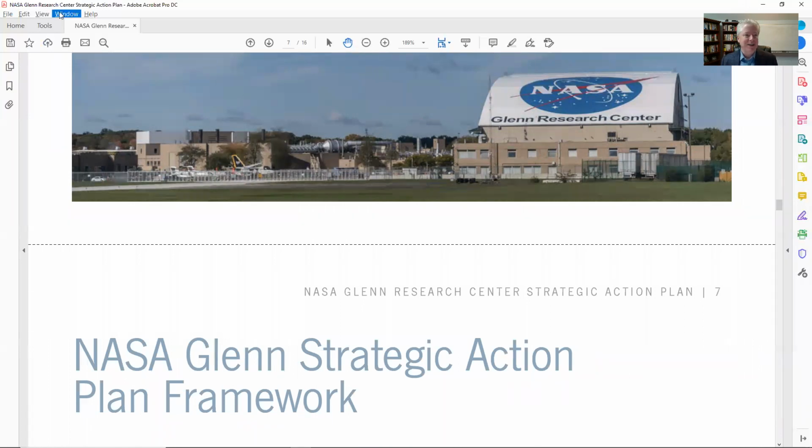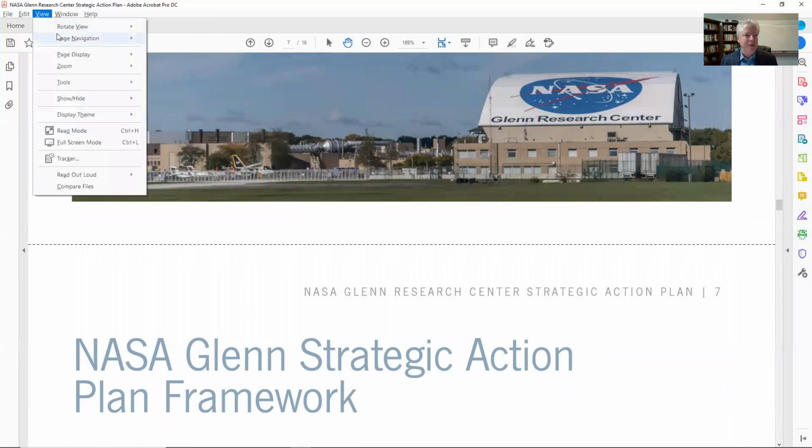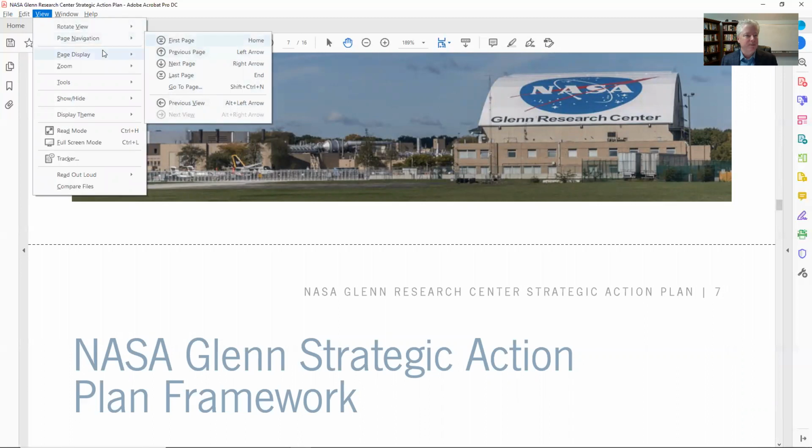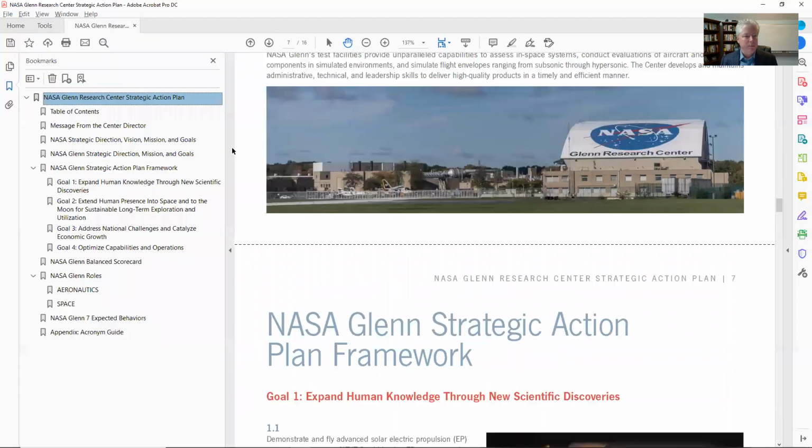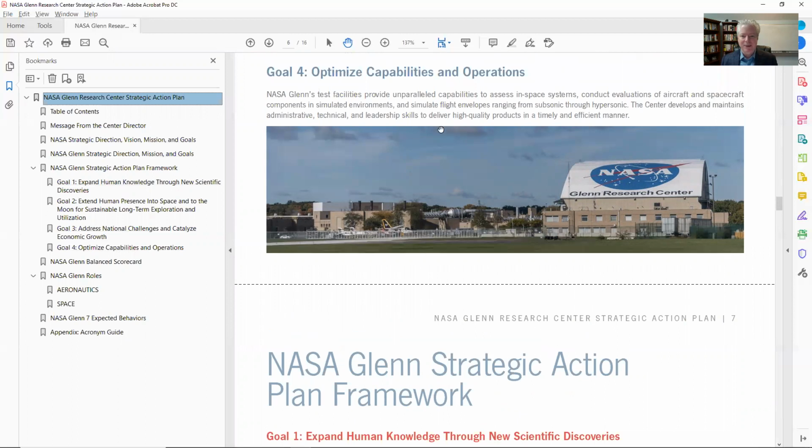Let me back up. I want to come back to my navigation really quick. Where am I? Show, hide, navigation pane, and bookmarks. Okay, so we went through the 4 goals, and it was very fast where they talked about it. Other than this thing here, and I might just highlight it because there was nothing else highlighted. And by the way, I could go through an entire document and not find anything in there, right?